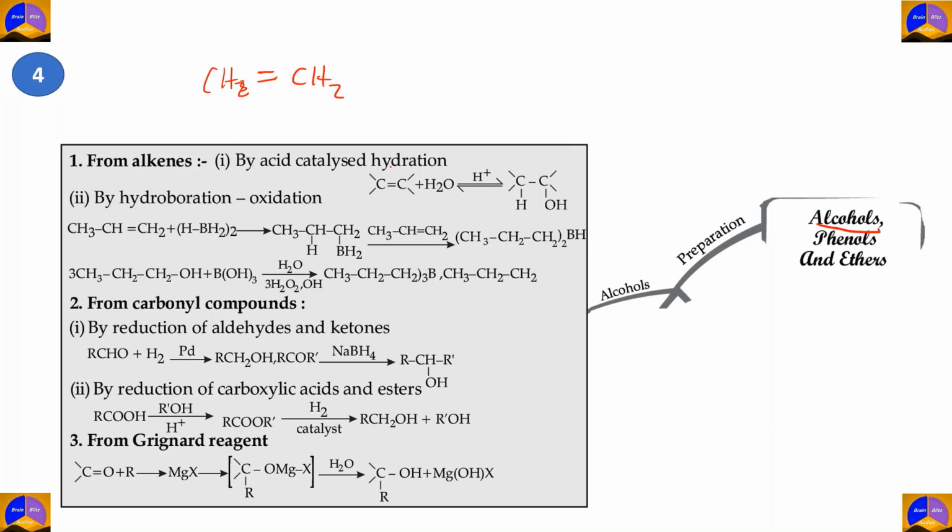The first is acid catalyzed hydration, and the second is hydroboration oxidation. Now, in acid catalyzed hydration, the alkene present reacts with water, and since an acid is present as a catalyst, there'll be an abundance of H+ ions, and it forms an alcohol.